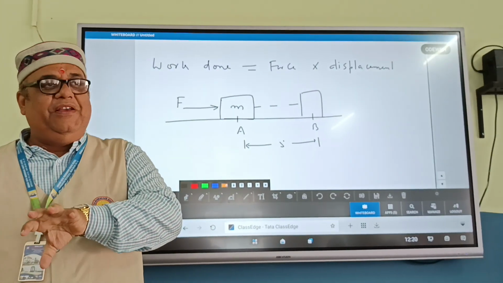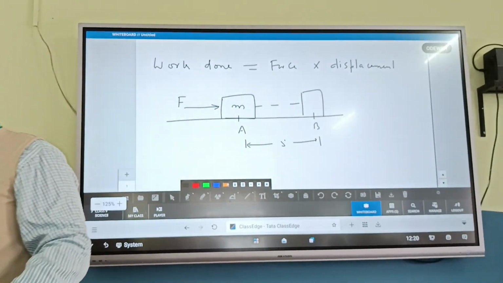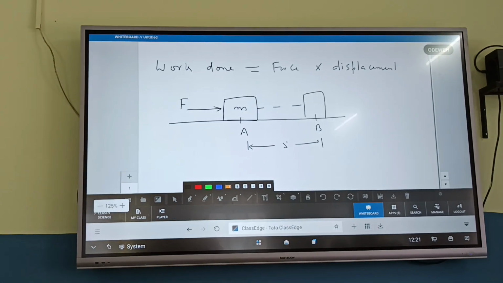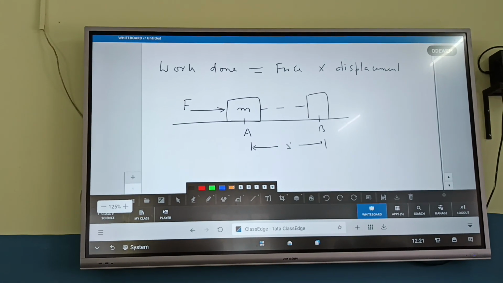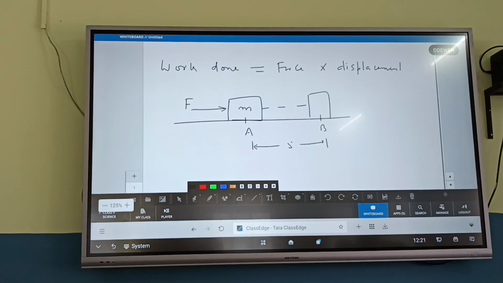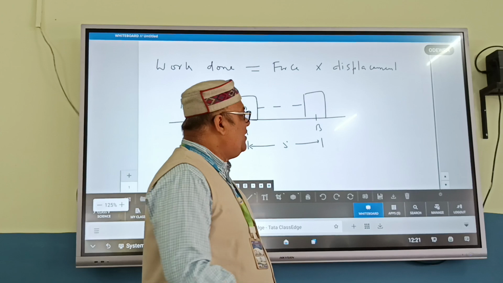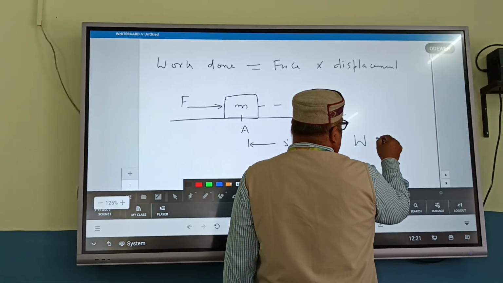Either the energy will be absorbed or the energy will be released, right? There are various parameters where we need to understand this. Is that clear?